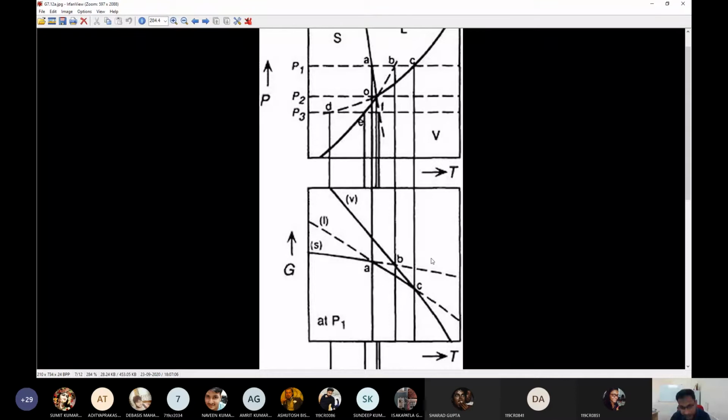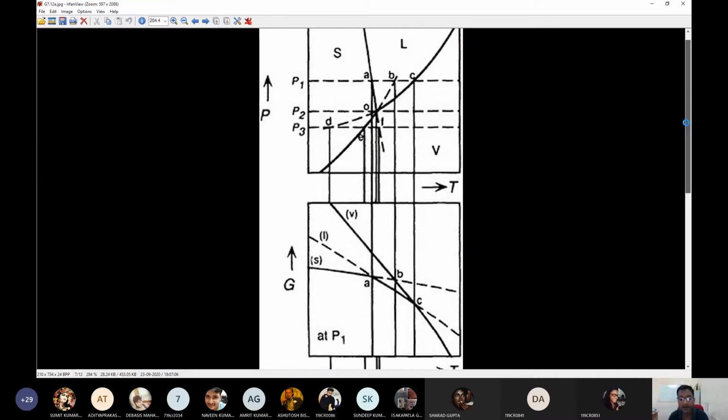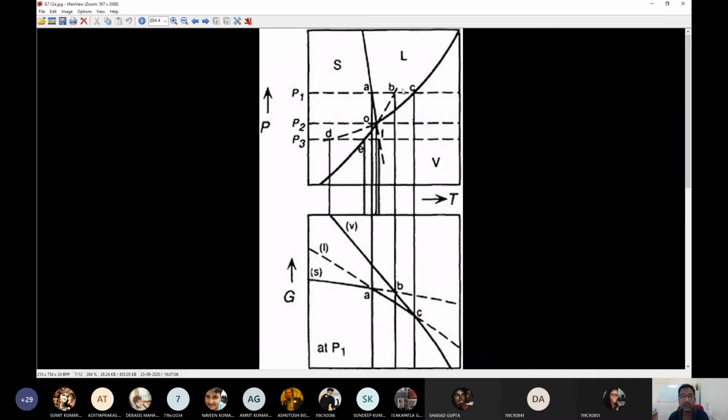What I would do is, since I am taking the same temperature scale here from here to here, I would simply draw verticals to identify points like A and C, and of course there's a point like B, which I had sort of alluded to in the last class, which is where this is the dotted line, all right?